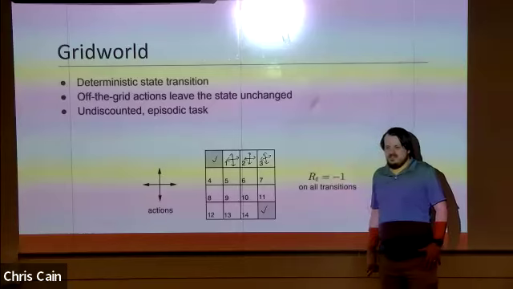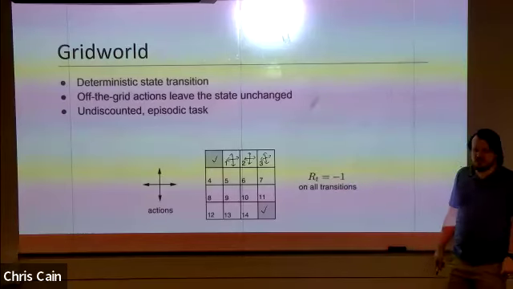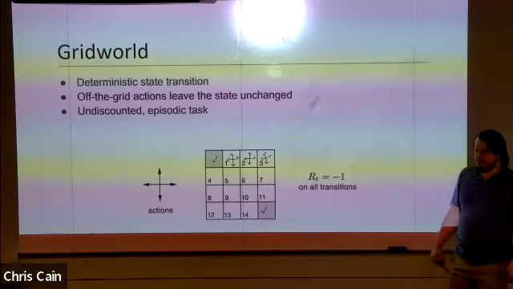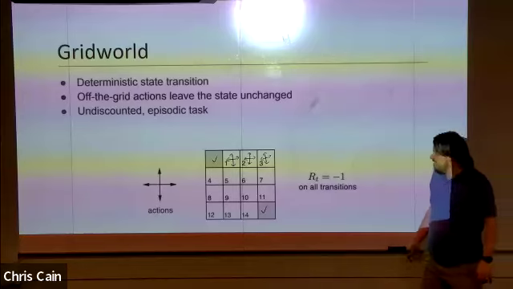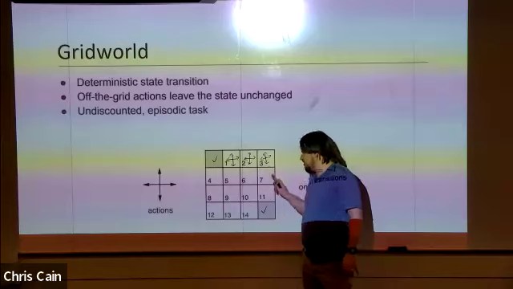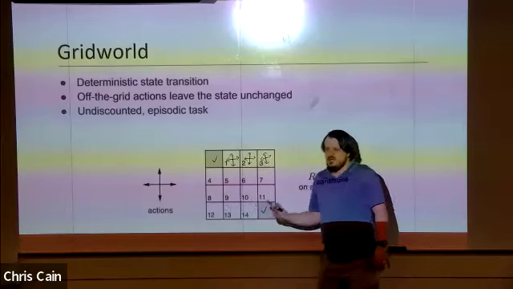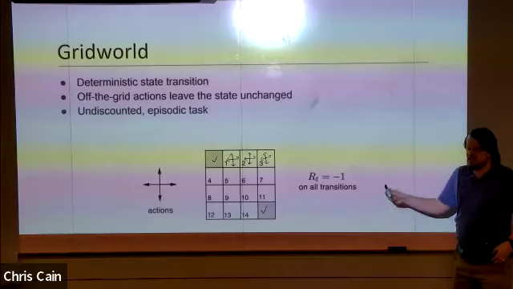This initial policy of randomly walking, randomly choosing a direction and going in that direction, is that going to be optimal? No. But if there was an equal chance to start the episode at any one of these positions, we could figure out how good it is to be in each one of these states.